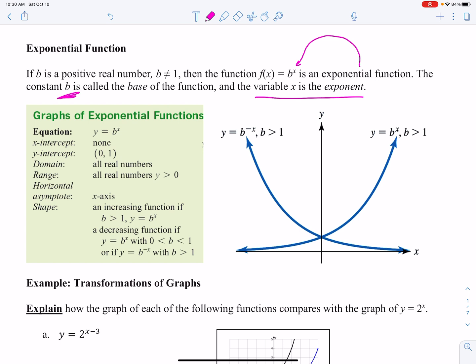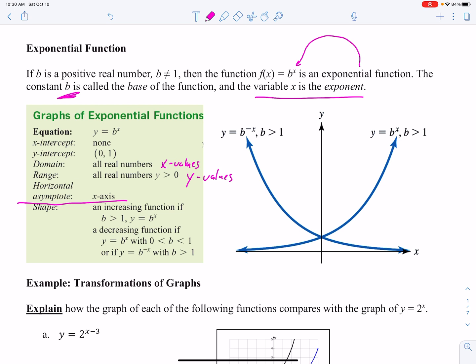The domain is all real numbers. Remember, domain means all the possible x values, the inputs. The range is y greater than 0. It does not go below the x-axis, and remember the range is the y values. Like I said before, the horizontal asymptote is the x-axis.